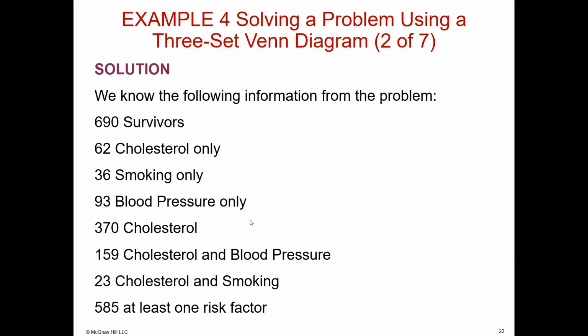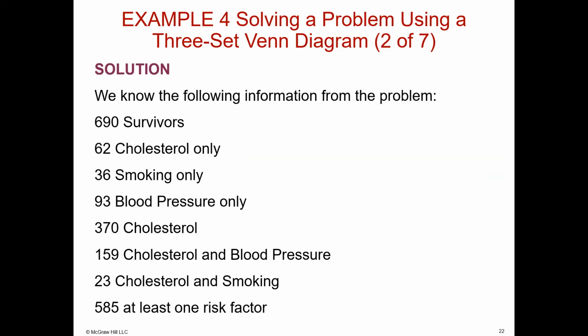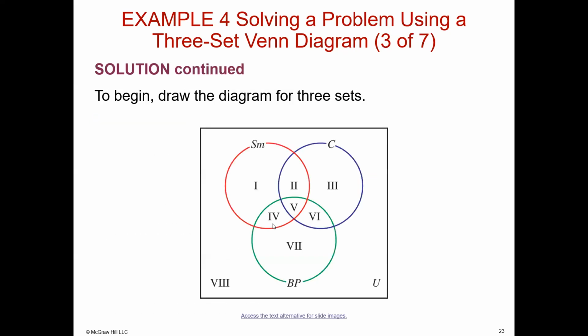We addressed all the onlys and the ands. We know that 370 people had the cholesterol. So we can subtract 62, 23, and 159, and whatever remainder goes in 5 then, correct? We know 370 people total had cholesterol issues.